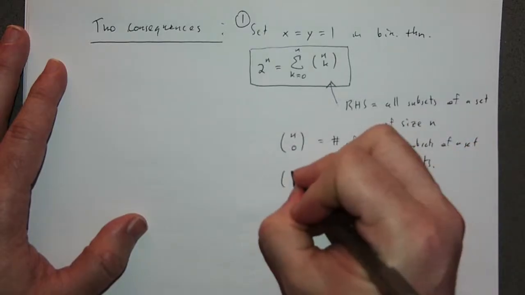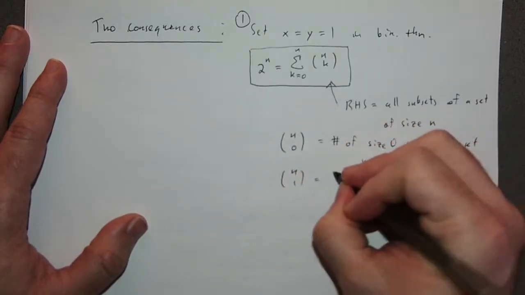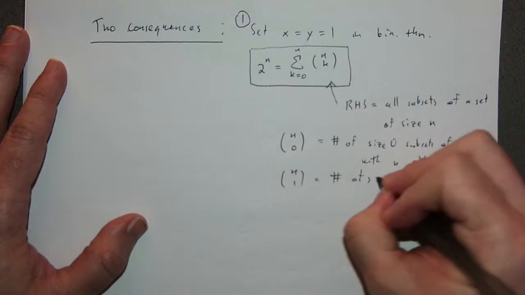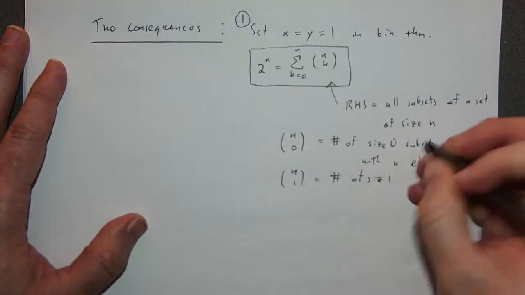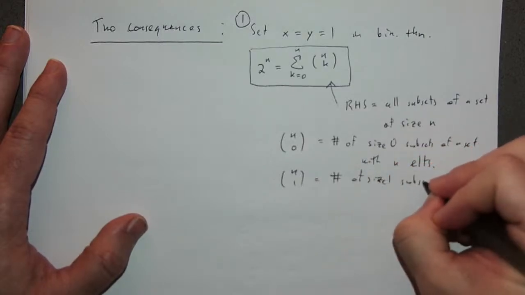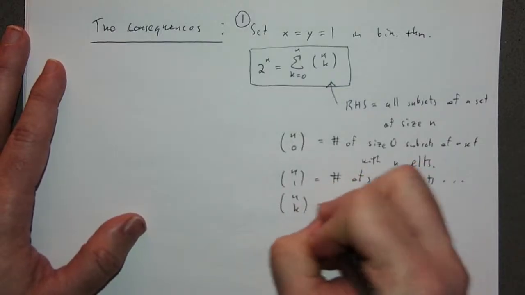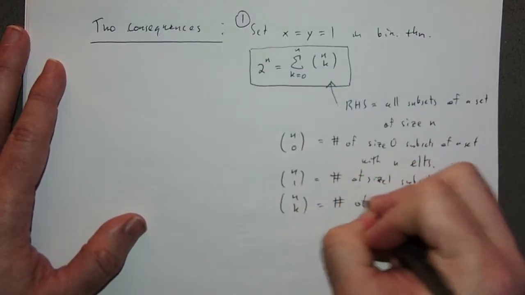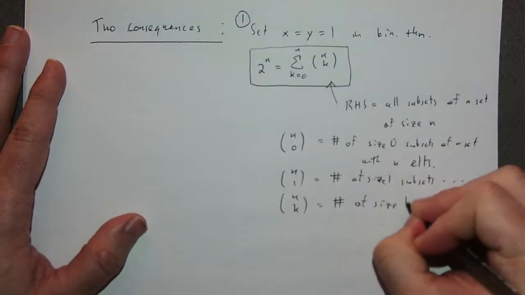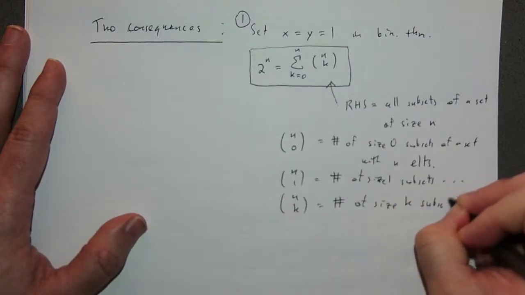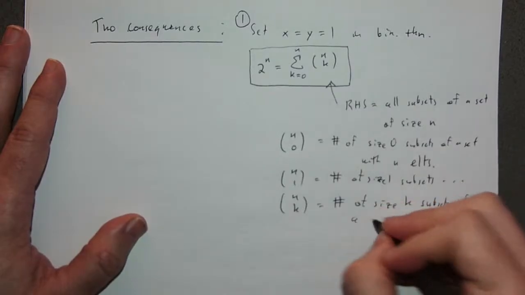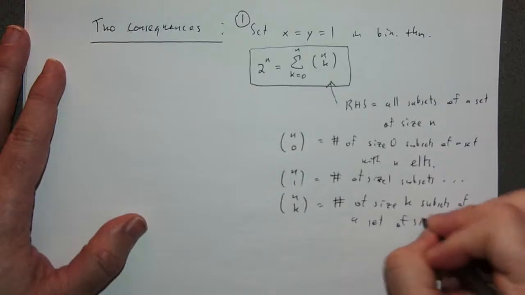But this is true for any of these, right? This is the number of size 1 subsets. And of course, n choose k is the number of size k subsets of a set of size n.